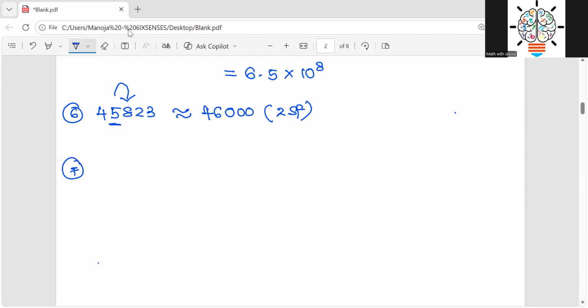The organizers of a pop concert hope that, to the nearest 1,000, 22,000 people will buy the ticket. So they think that 22,000 people will buy the ticket, to the nearest 1,000.